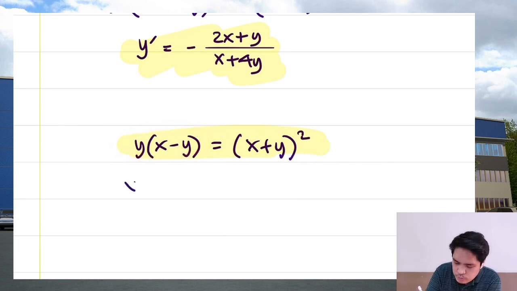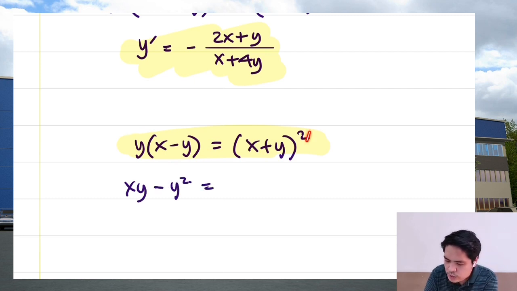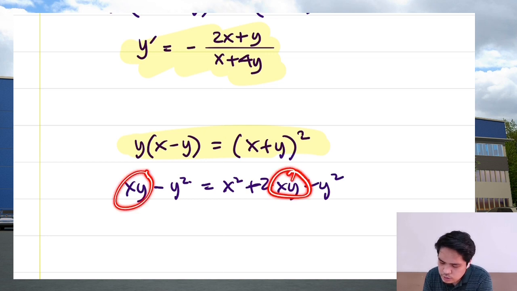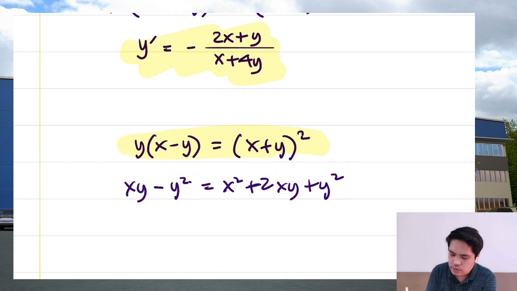So that would be xy minus y squared. That's equal to, if we expand this, that would become x squared plus 2xy plus y squared, in which pwede nating i-combine ito and ito. Right? Okay.